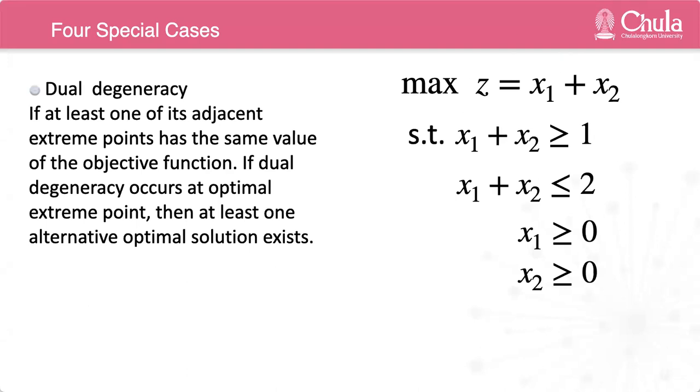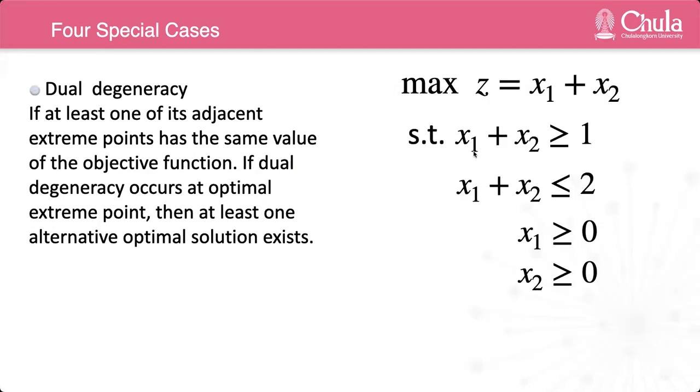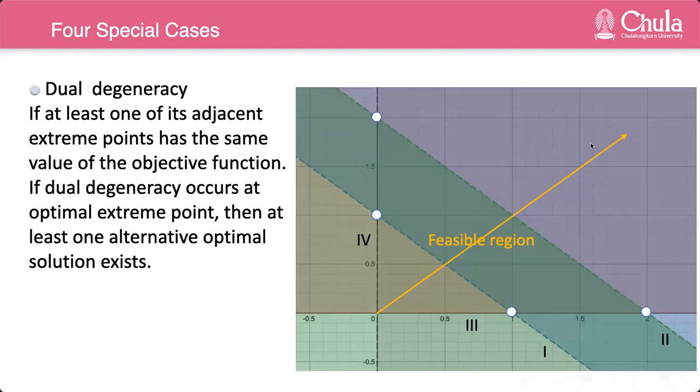You see that our gradient is the direction that passes from the origin to (1, 1), right? And if we draw the first constraint, x1 plus x2 greater than or equal to 1, what happened?